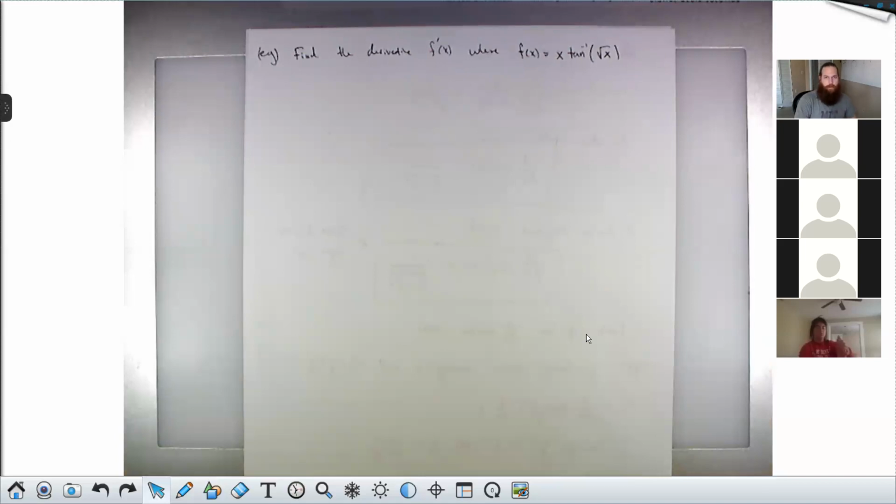So here I have a product, x times arctan root x. I also have an inverse trig function, the inverse tangent. And within the inverse tangent, I don't just have x, I have the square root of x. So there's also some chain rule going on there. So this involves 3 different things here: the product rule, the chain rule, and the derivative of the inverse tangent function.